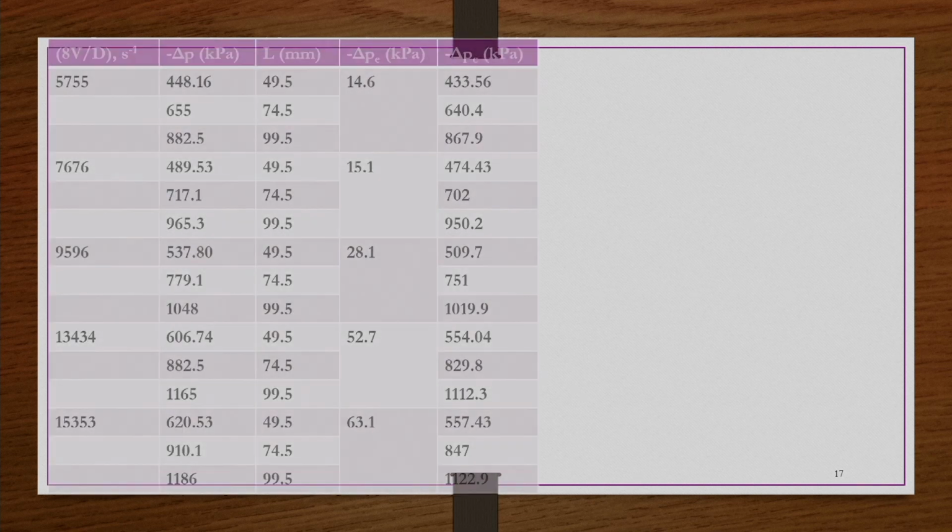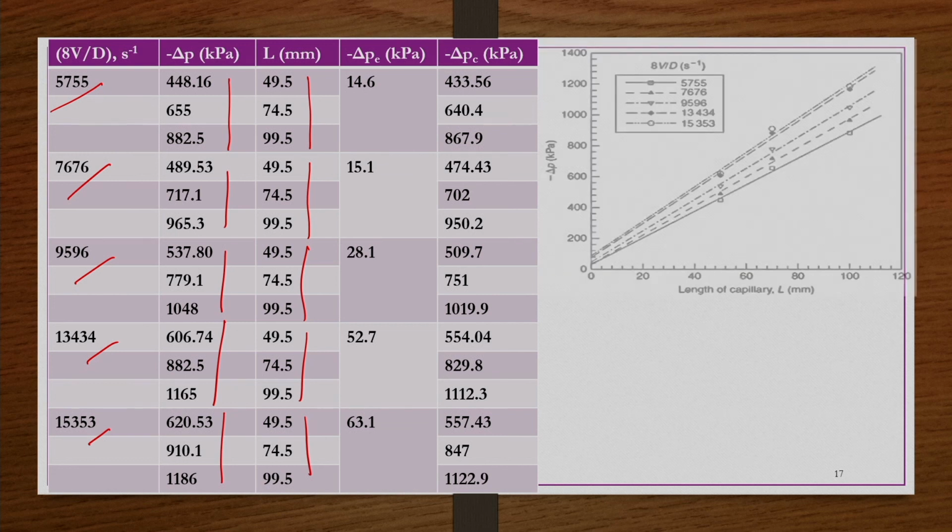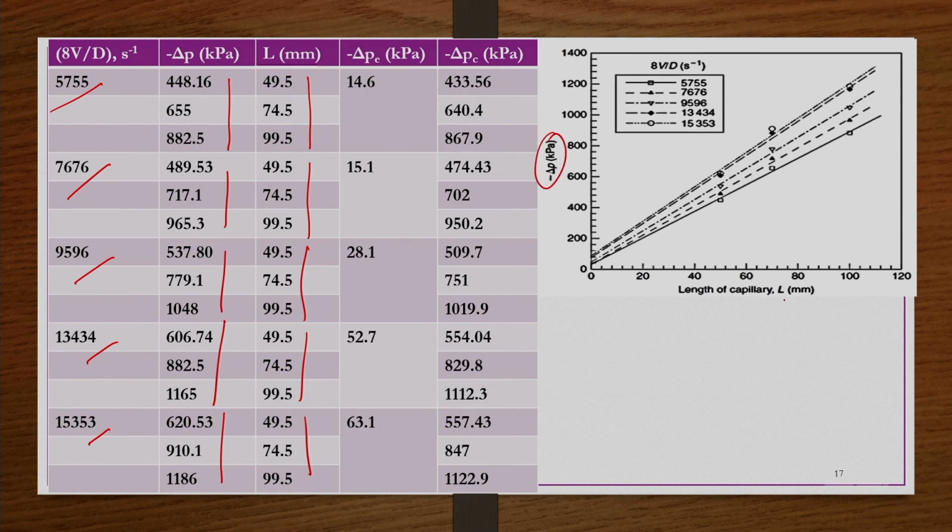When you arrange, for 8 V by D of 5755, the measured pressure drops for different L values are like this, and similarly for the other 8 V by D. Whatever you calculated on the previous slide, we have just rearranged here, because for each 8 V by D we want to plot minus delta P versus L. When you plot, you get different curves like this, and then you extend these curves to the L equals 0 point.